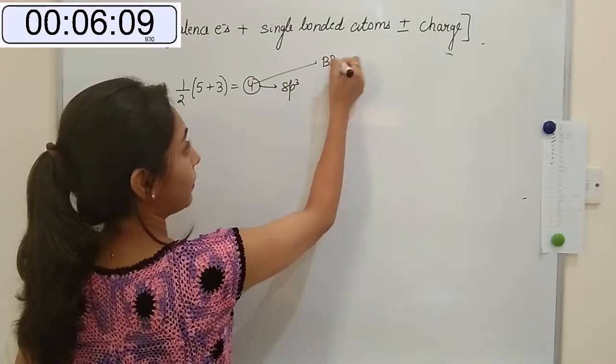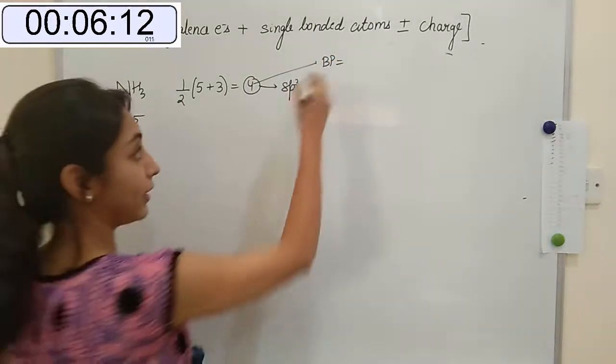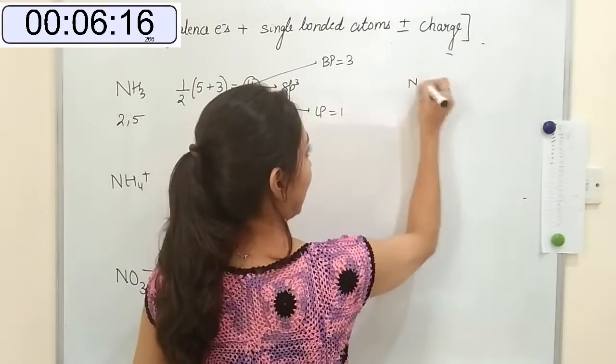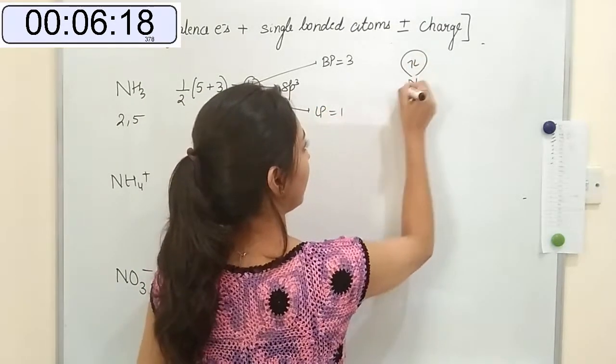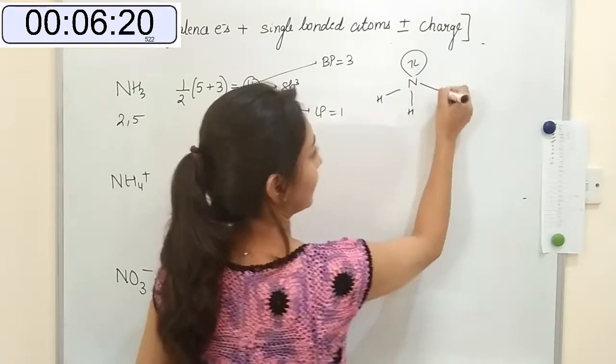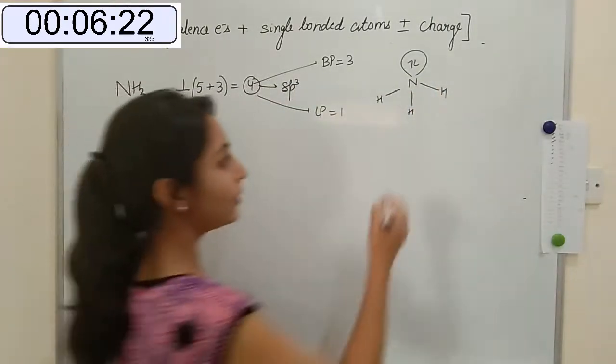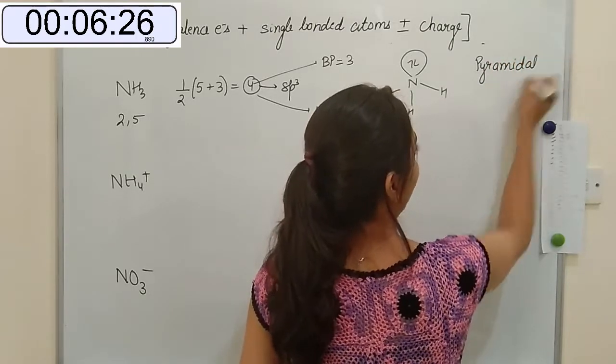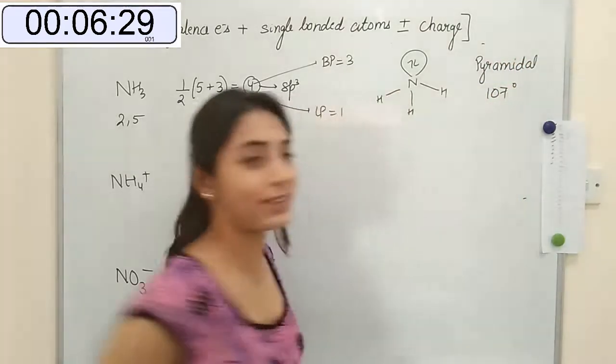Bond pairs will be 3 because 3 hydrogens are here. And lone pair will be 1. So it should be N with a lone pair and 3 hydrogens. Okay, so the shape is pyramidal and the bond angle is 107 degrees.